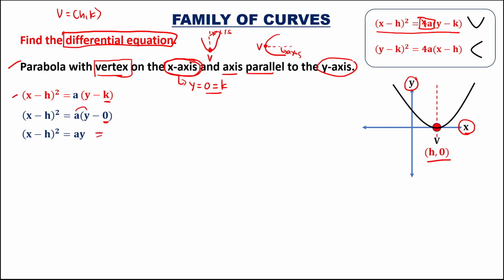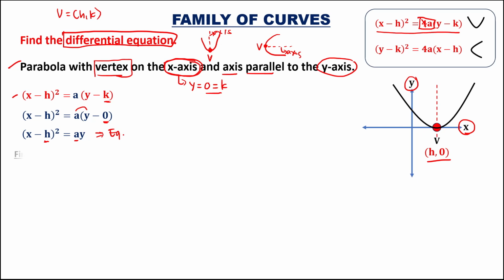So this is now the equation we're going to use to find the differential equation. Then take note that the number of derivatives depends on the number of arbitrary constants. Since there are two arbitrary constants, we need to find the second derivative.